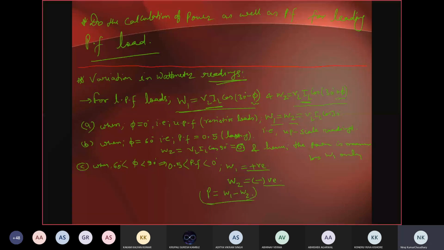So for this range of the power factor angle, W2 will read down scale, that is backward.